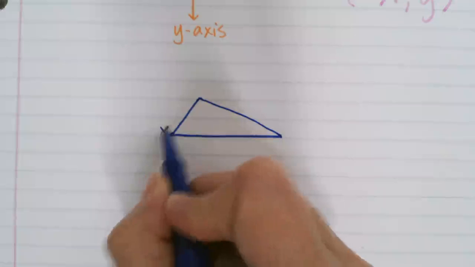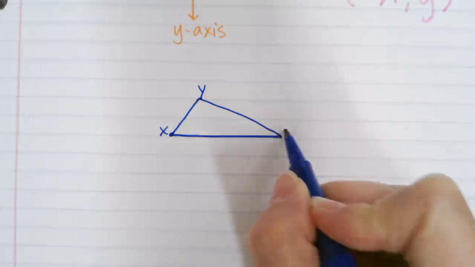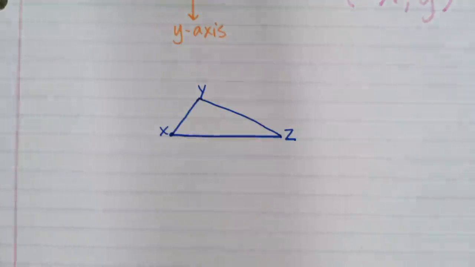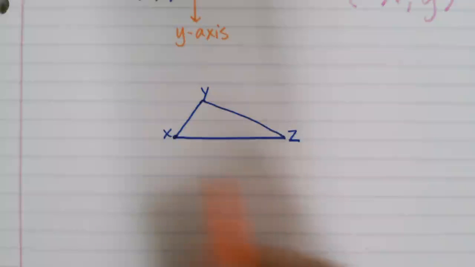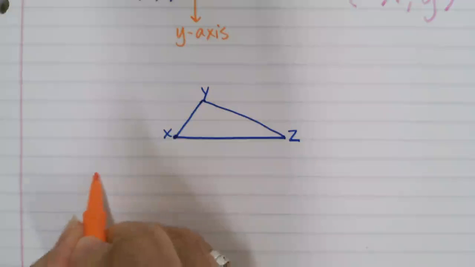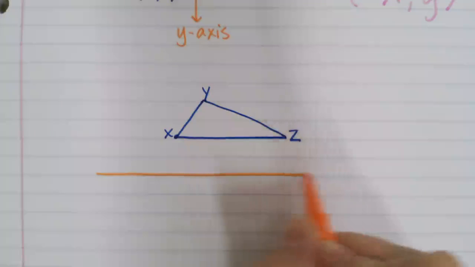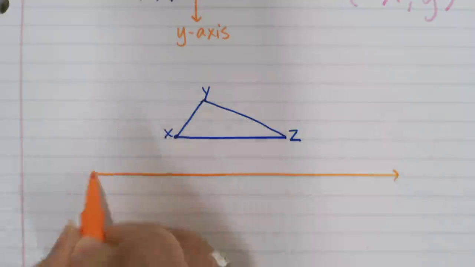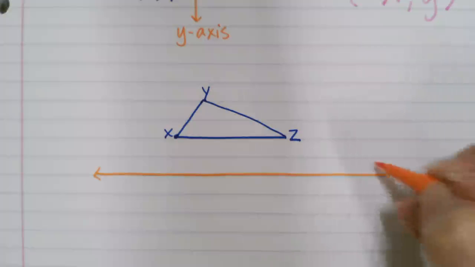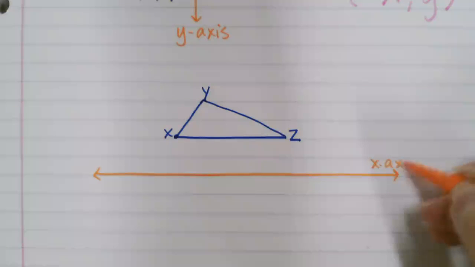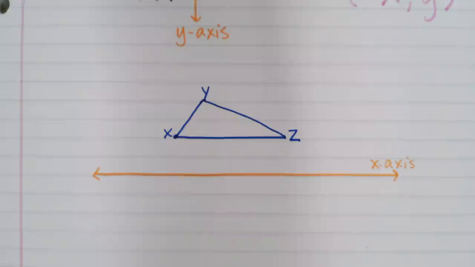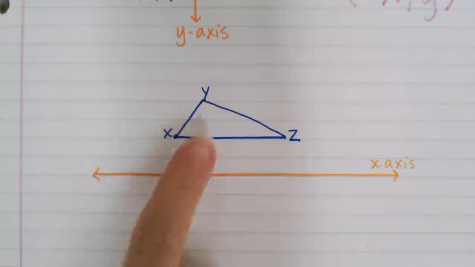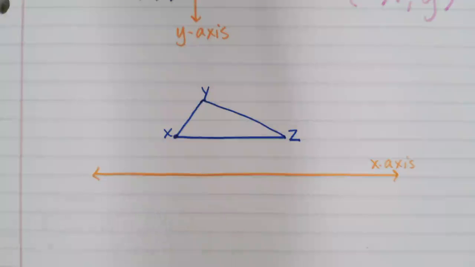All right, I'm going to call this X, Y, Z. And this time, I'm going to reflect over the x-axis. So I know that the x-axis runs left to right. So here is the x-axis. Now I want to reflect this triangle over this axis.